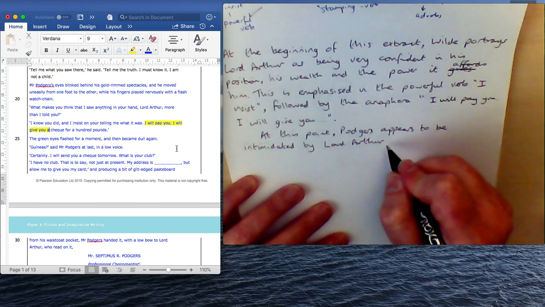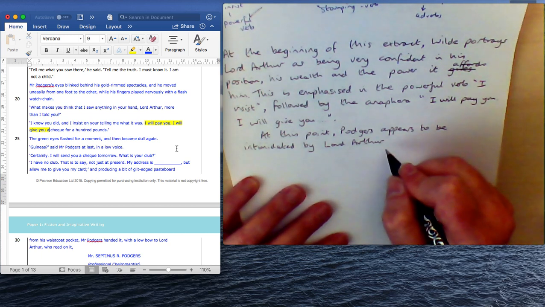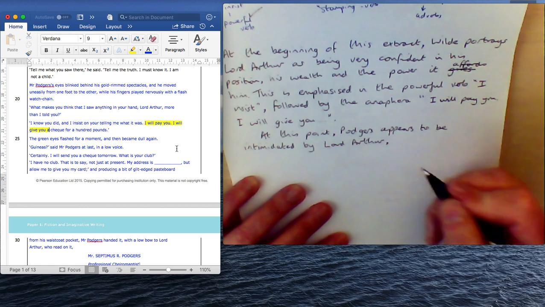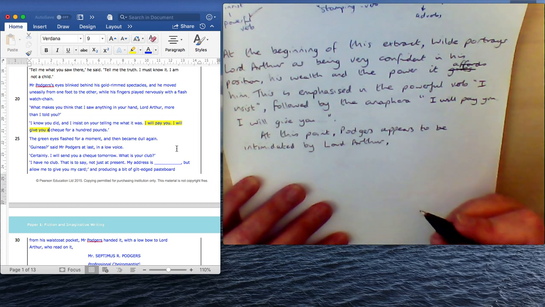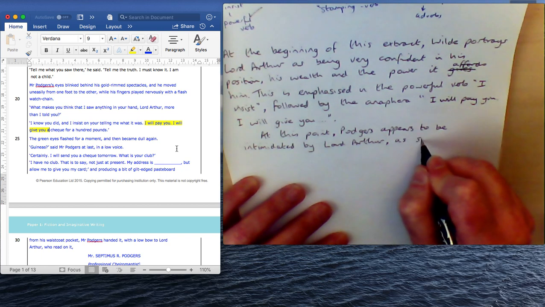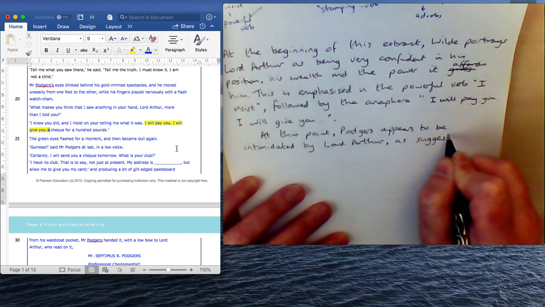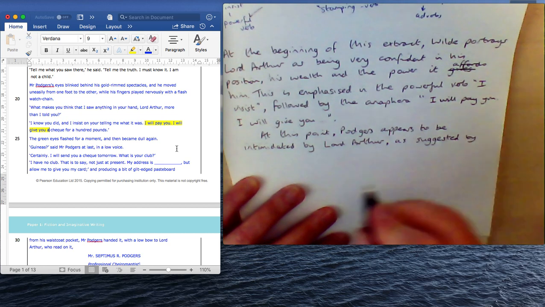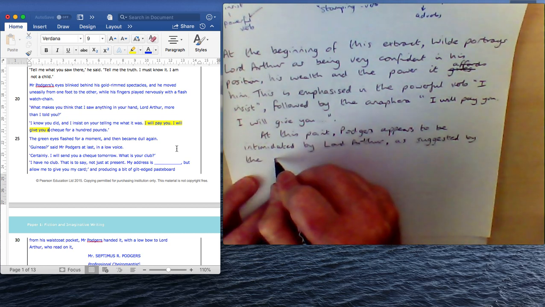Now, I could put a full stop there and write, this is shown in the quotation and so on, but actually I haven't got time for clumsy, uneconomical sentence structures, so I'm just going to put another comma there and say, as suggested by the adverbs.